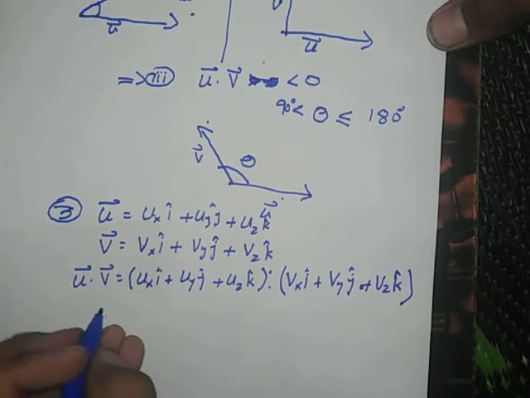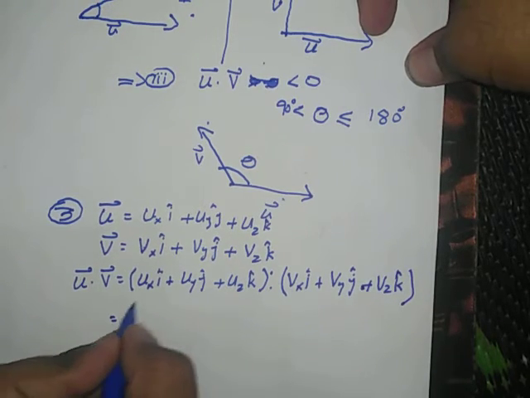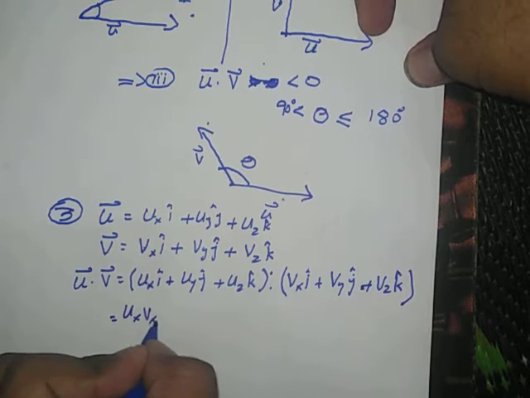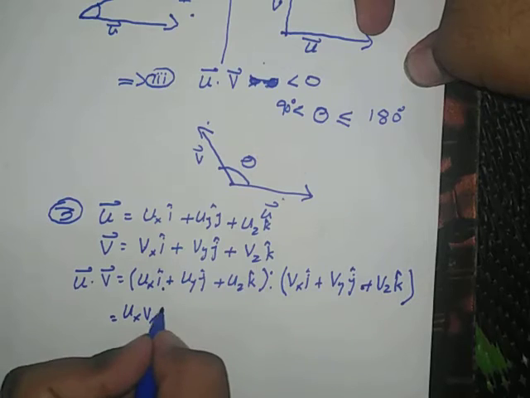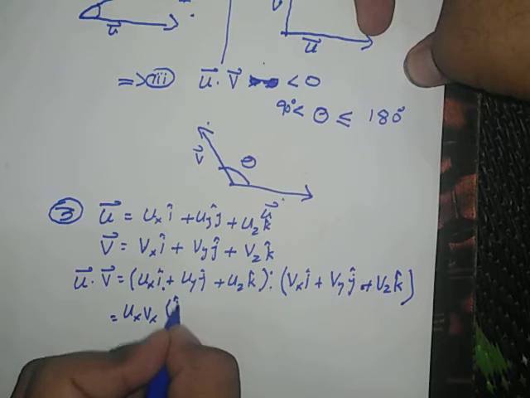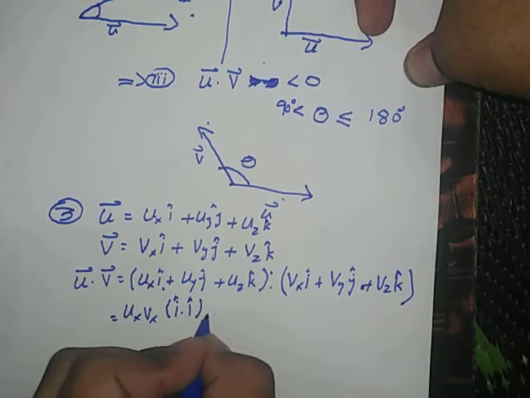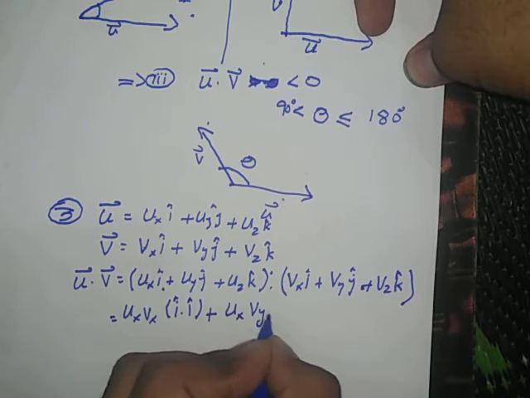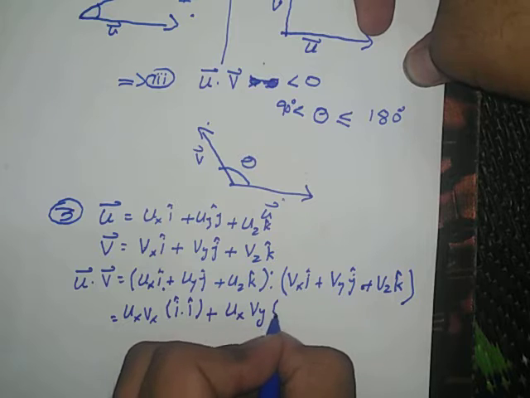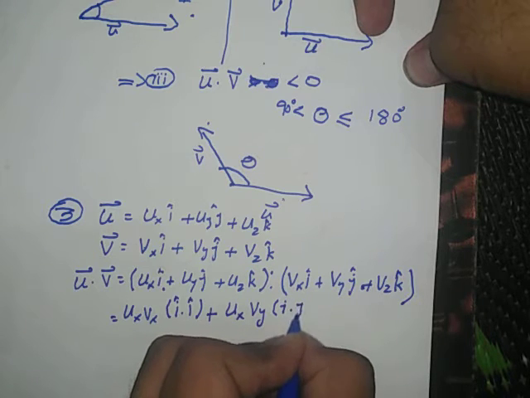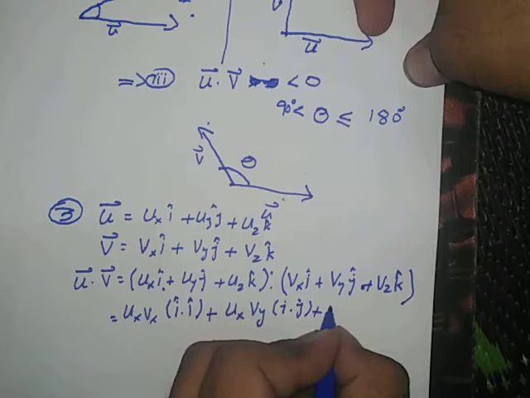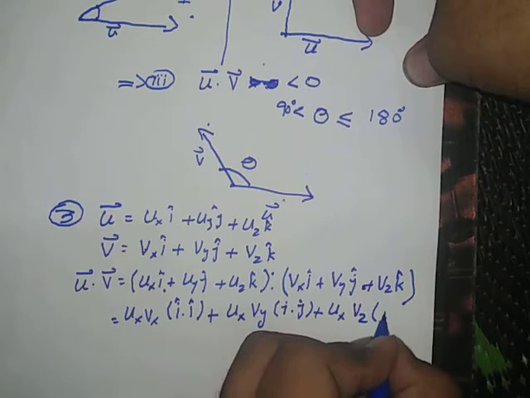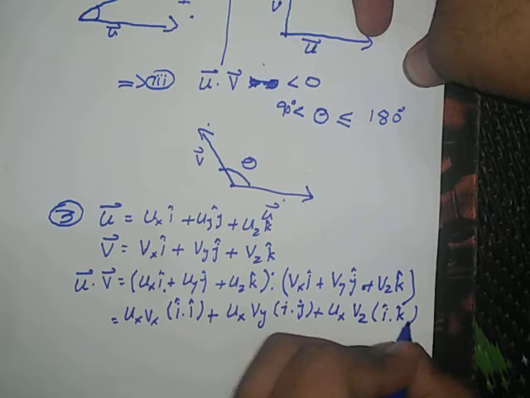So multiplying both, we get ux vx, i unit vector dot i unit vector, plus ux vy, i unit vector dot j unit vector, plus ux vz, i unit vector dot k unit vector.